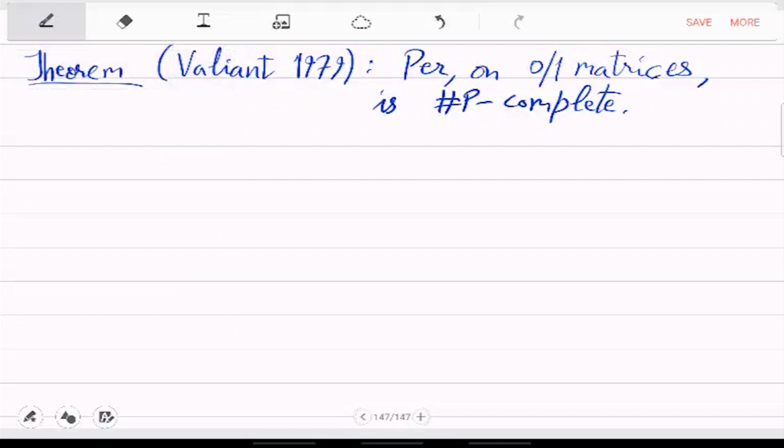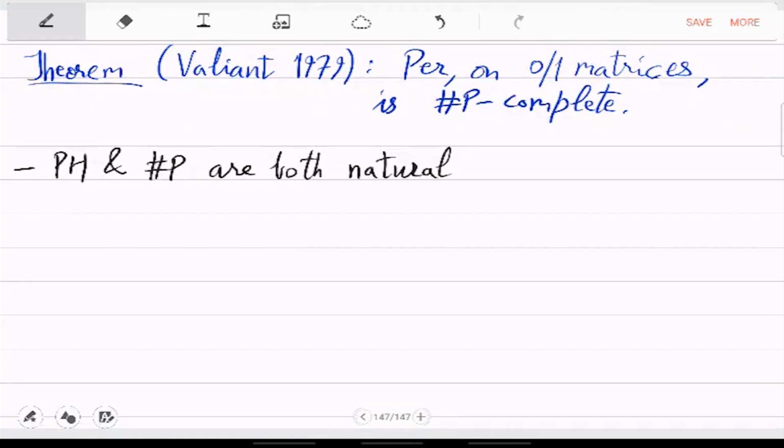So, what we will do next is we will compare these two new things, PH and Sharp-P. These are really new complexity classes. So, let us compare these two and how they fit in PSPACE. Both of them are in PSPACE. So, PH and Sharp-P are both natural generalizations of NP.